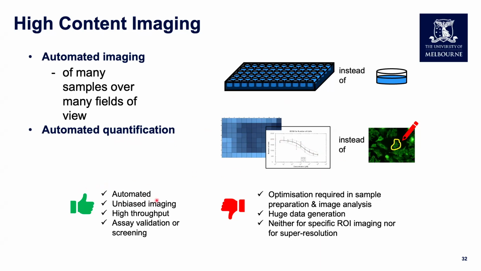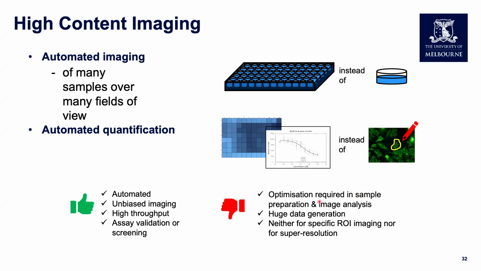So the pros are automation, unbiased imaging, high throughput. We can do assay validation and screening. Lots of people here are doing drug studies or multiple different treatments to try and look at combinations that work. The downside is it takes quite a bit of time to optimize.